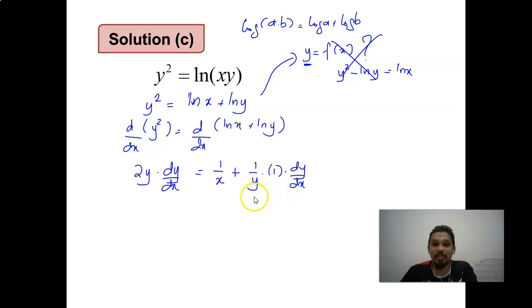So we bring the terms with dy dx to the left side.